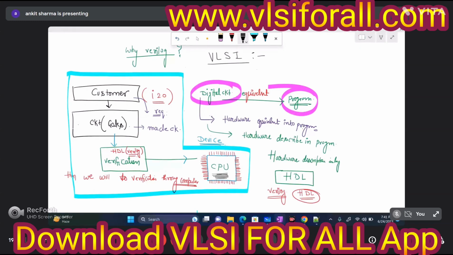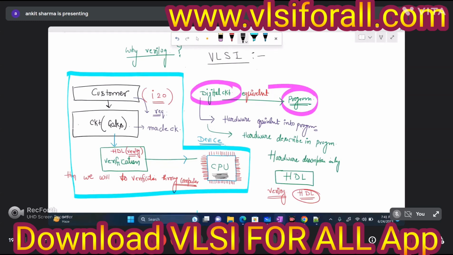If your device or processor has gates in the millions, then it falls into the category of VLSI technology. So that is a technology.